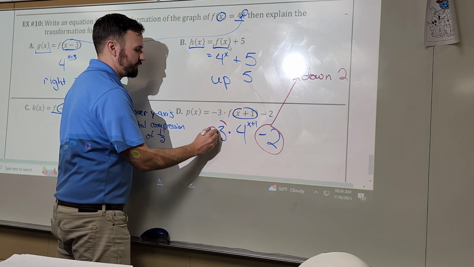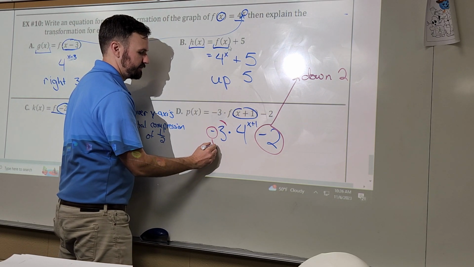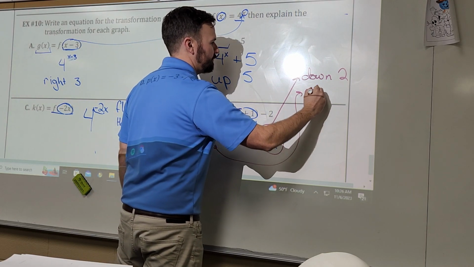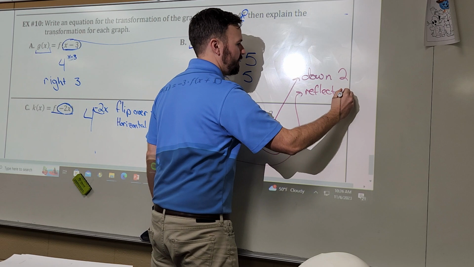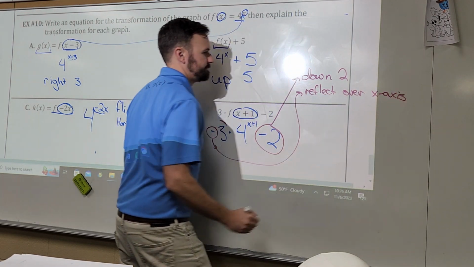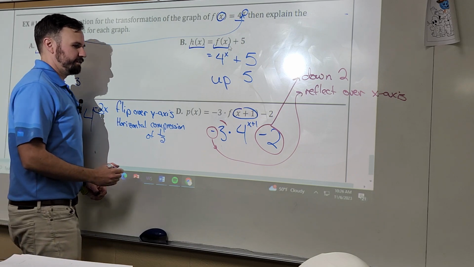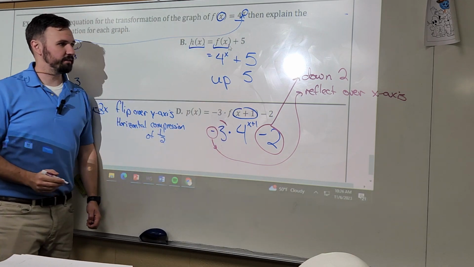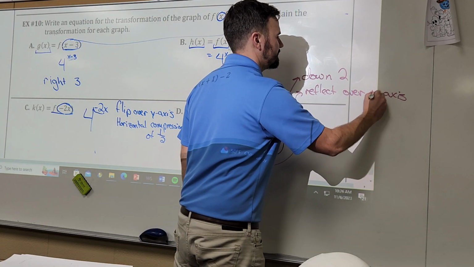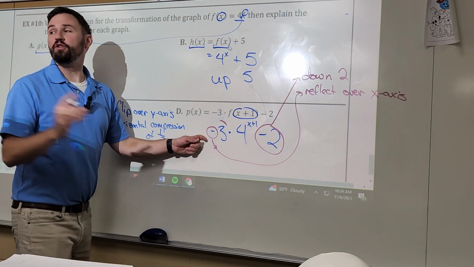What's my negative going to do? Oh, yep. Reflect over the x-axis. Is it the y-axis? No, it's x. You've got to think about this.